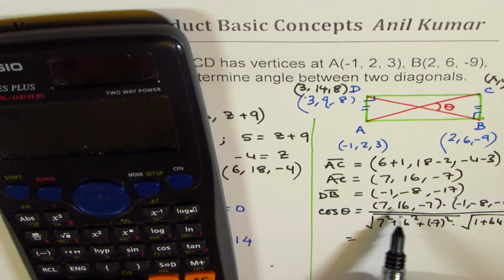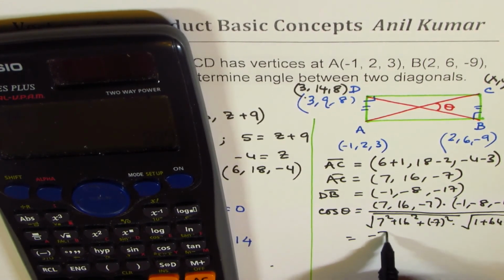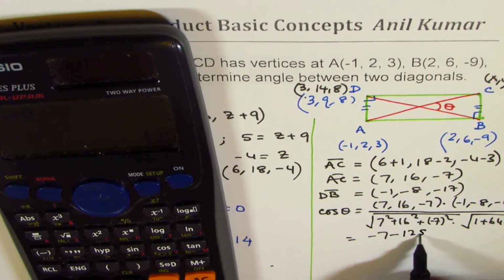So let's do the dot product now. 7 minus 7, we get 16 times 8 with a negative sign. 16 times 8 is 128.